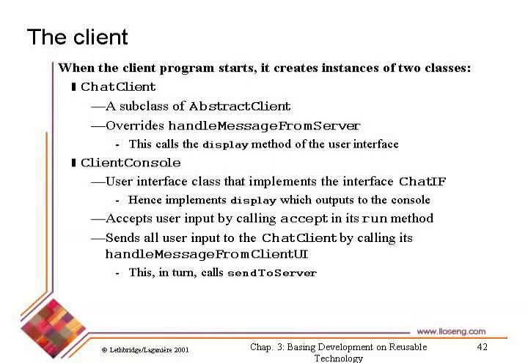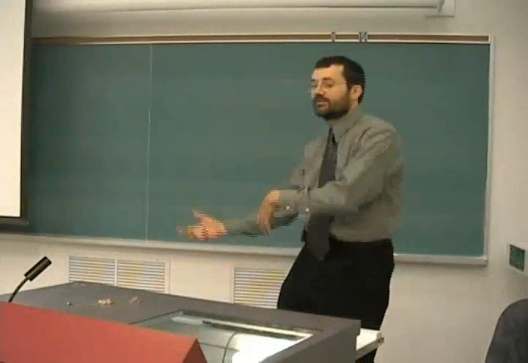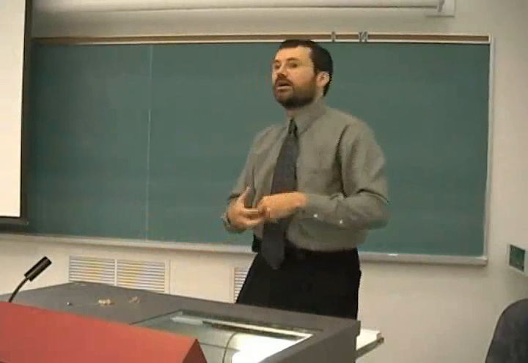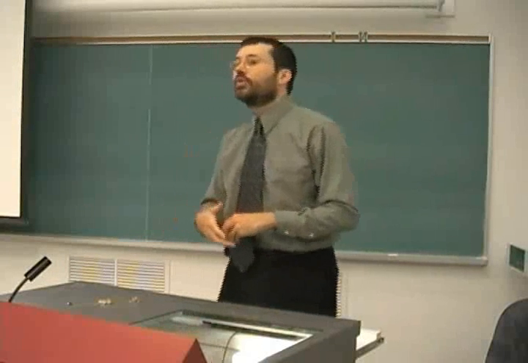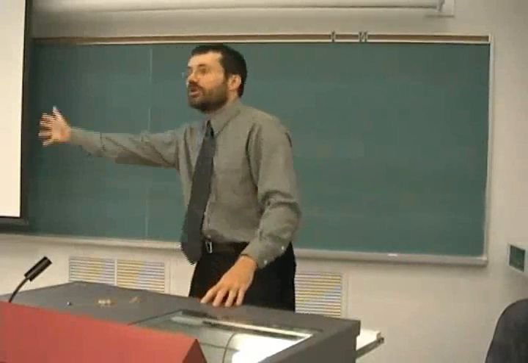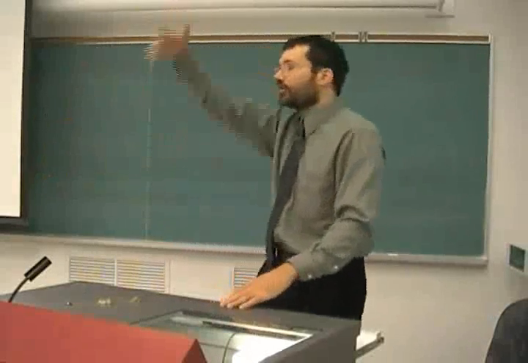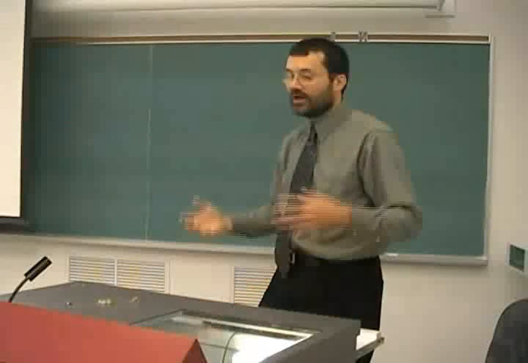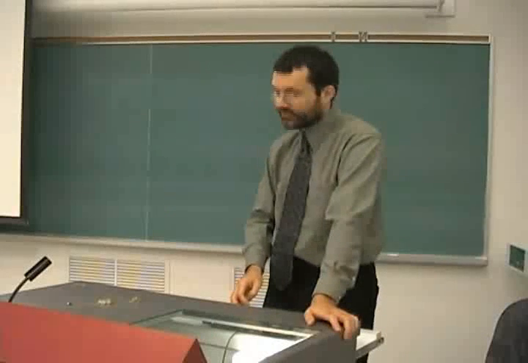Remember, sender server is a method that is inherited from abstract client into chat client. So our user interface has got to pass off to that chat client class what we want to do with the input we get from the user, and what we want to do is send it to the server, and then it will get distributed, and eventually it will bounce back to us and to all the other clients. Okay, so that in a nutshell is how the client works.